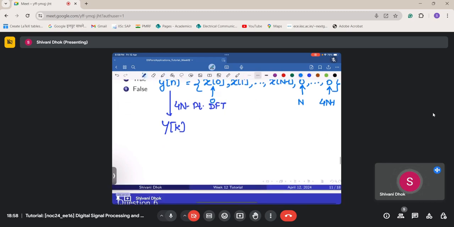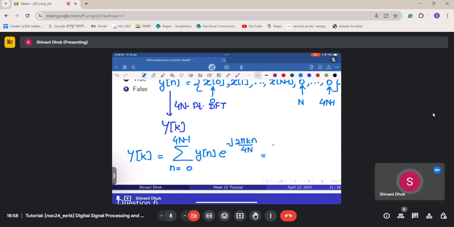It is a 4N-point DFT, so Y[k] is given by the summation n running from 0 to 4N minus 1 of y[n] into e power minus j 2 pi k n upon 4N.